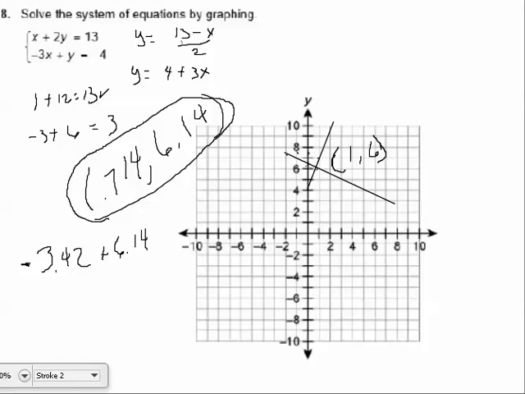You see how it looks like it intersects at 1, 6, and when I put those in, it didn't check out on the second one. Therefore, I had to go to the calculator to find the exact intersection of where they were. And this is the exact intersection right here.